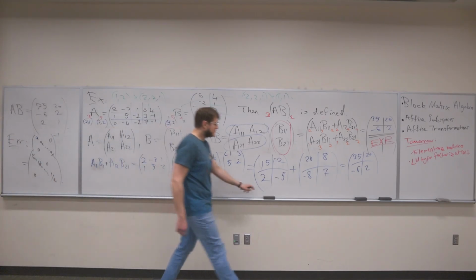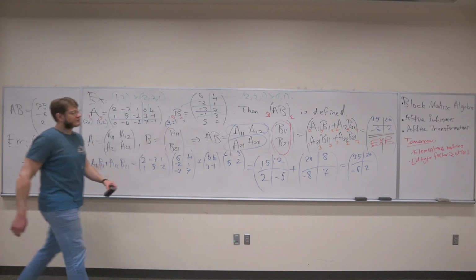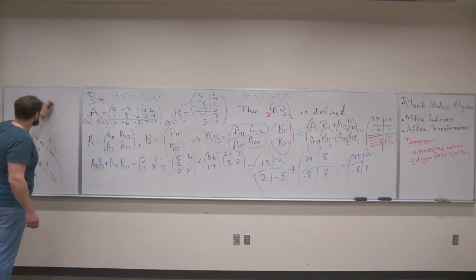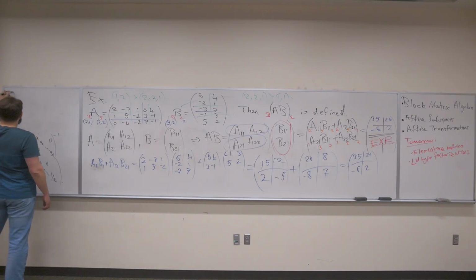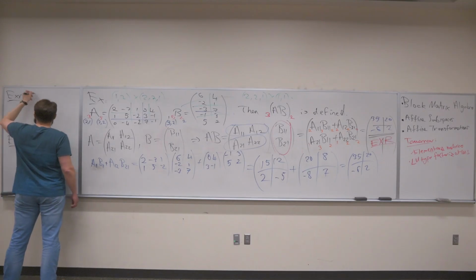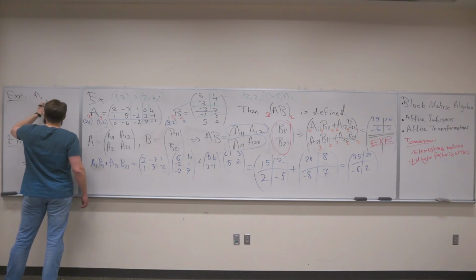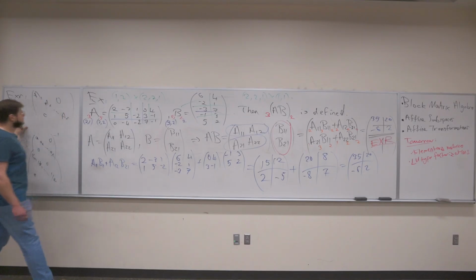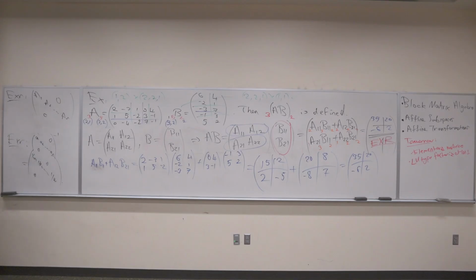Well, if you had a block diagonal matrix, you have the same formula. As an exercise, let's say your matrix is A1, A2, dot, dot, dot, AN, and all 0 blocks otherwise. You have a block diagonal matrix. The inverse of this is going to be the block diagonal matrix with diagonals the inverses.